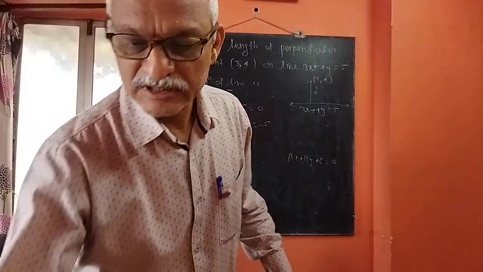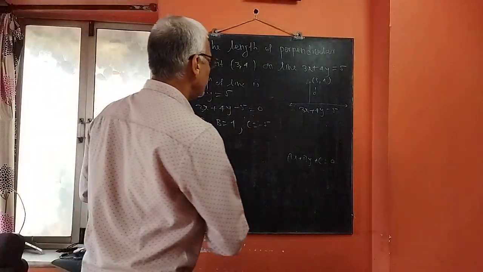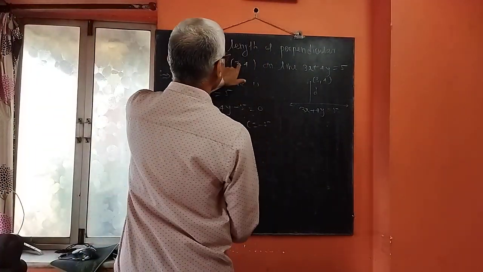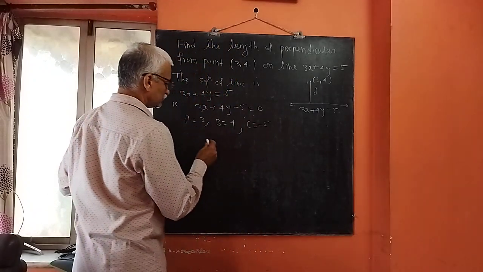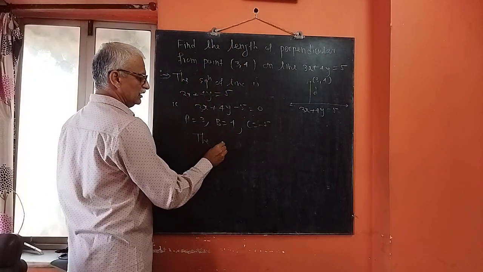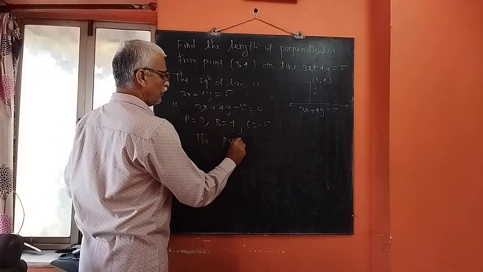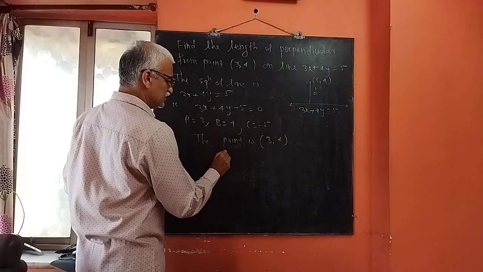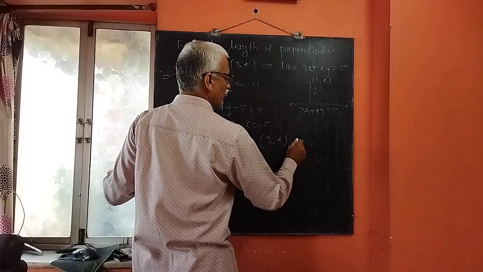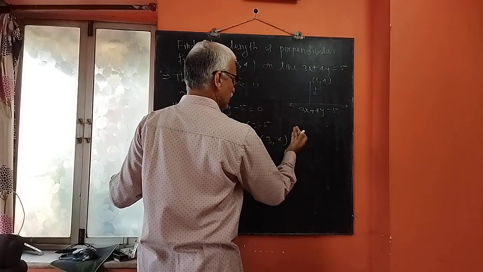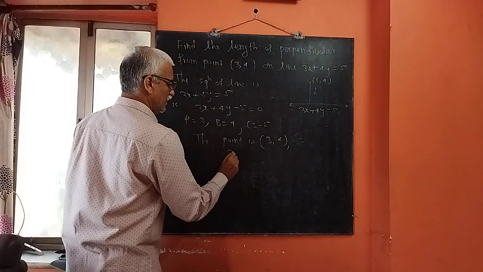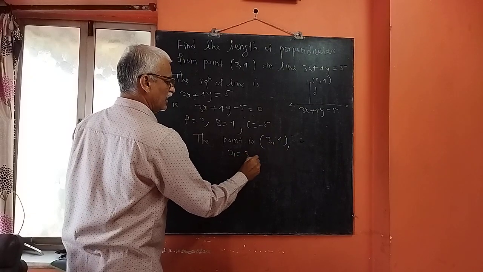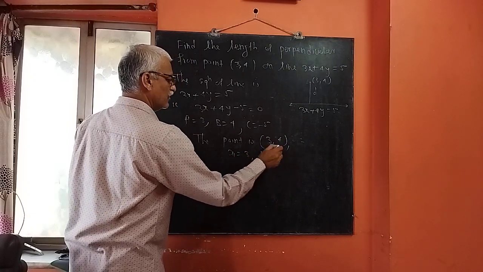Now, we have to consider the point. The point is 3, 4. That means x1 equals 3 and y1 equals 4.